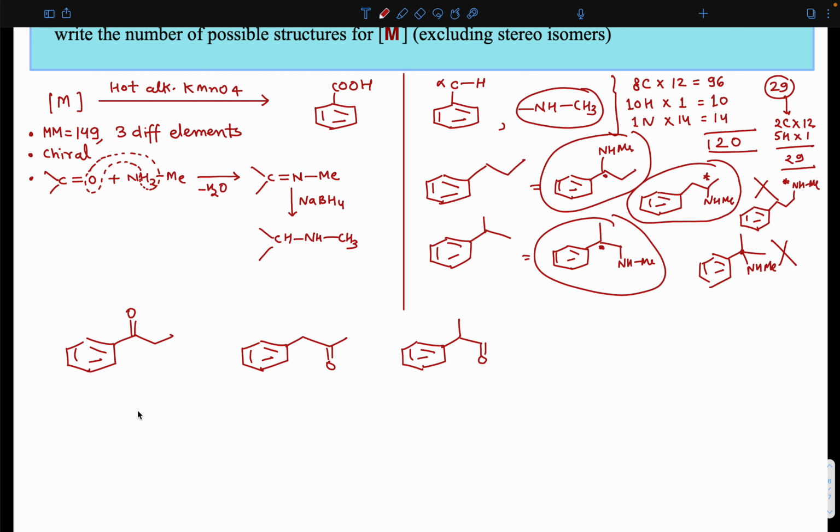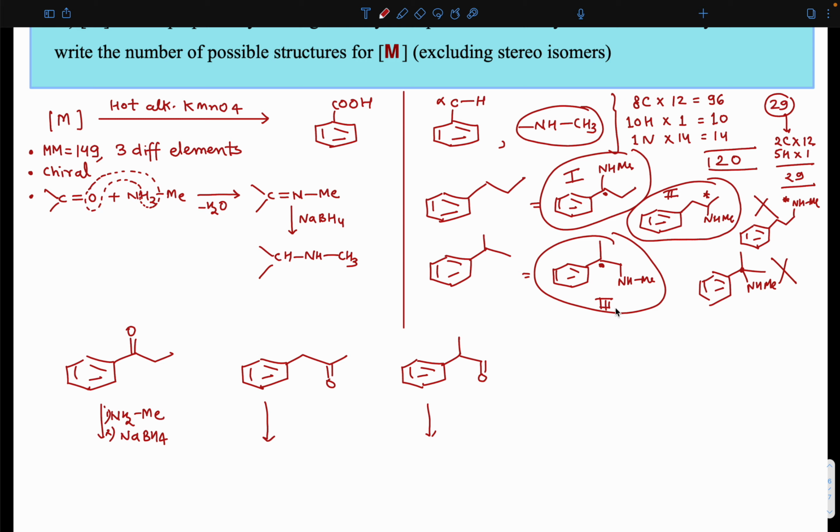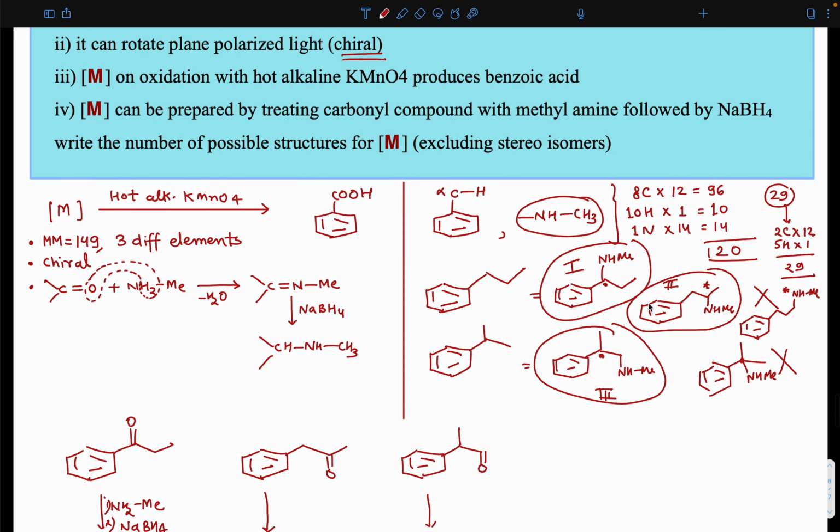When these three compounds react with NH2CH3 followed by NaBH4, in all three, in the same manner, you will get these three products. This one is first, this one is second, this one is third. So these three are the compound M.